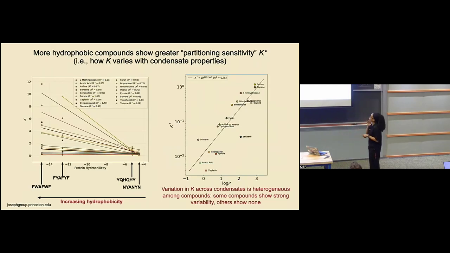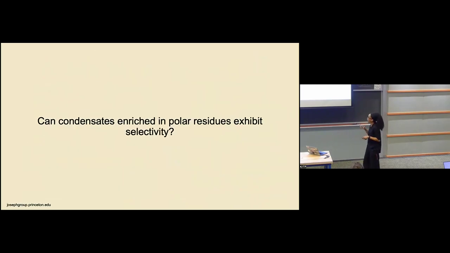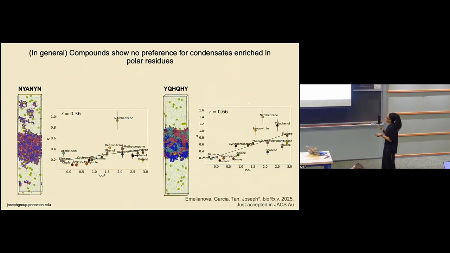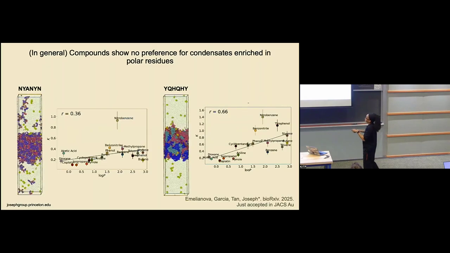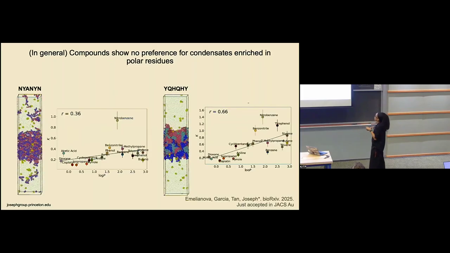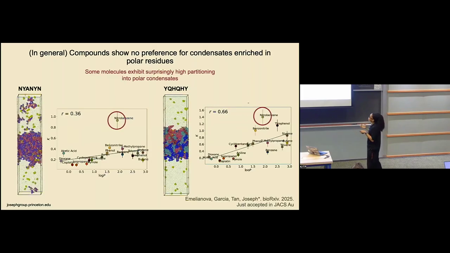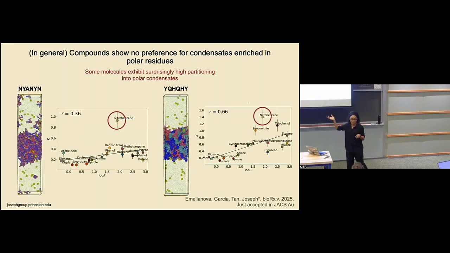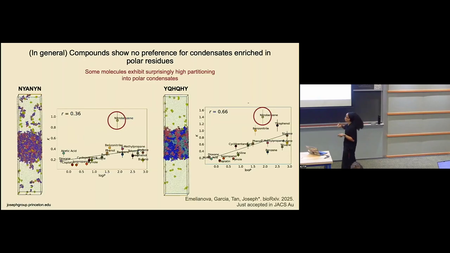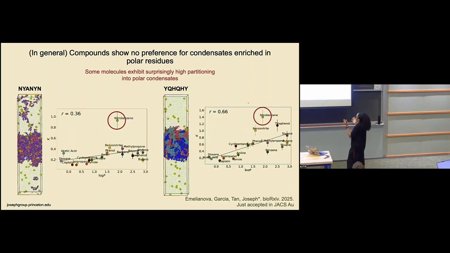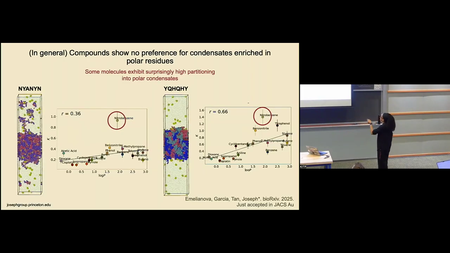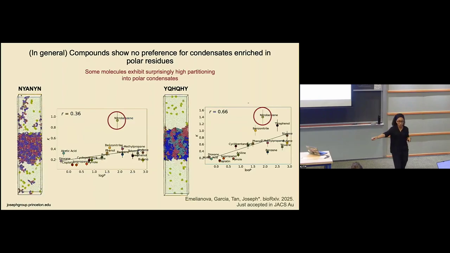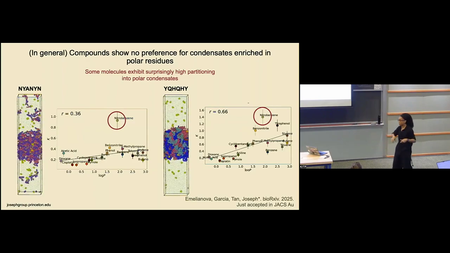And so we went back and we looked at our data again, and we're asking ourselves, can these condensates that are enriched in polar residues exhibit any sort of selectivity? And what jumped out at us is that if you look at the data, your correlation is very weak with log P, but you do see some examples of compounds that show preference for the condensate over the dilute phase.